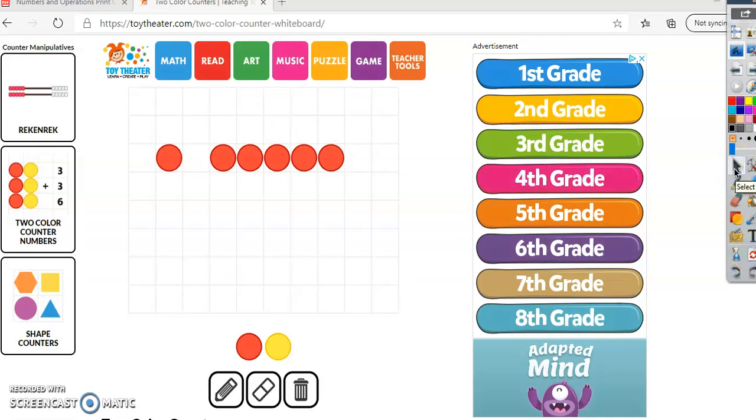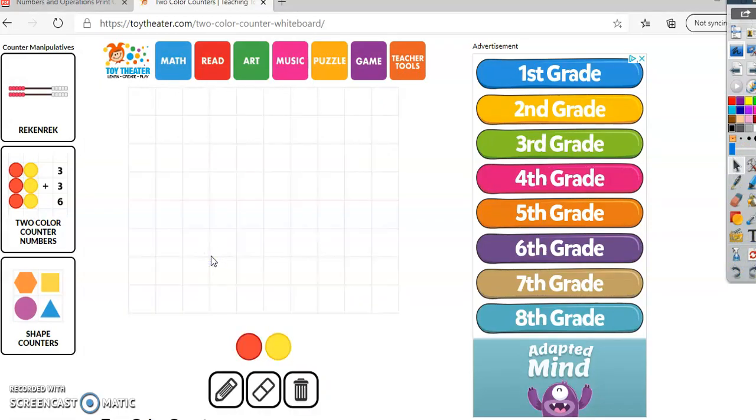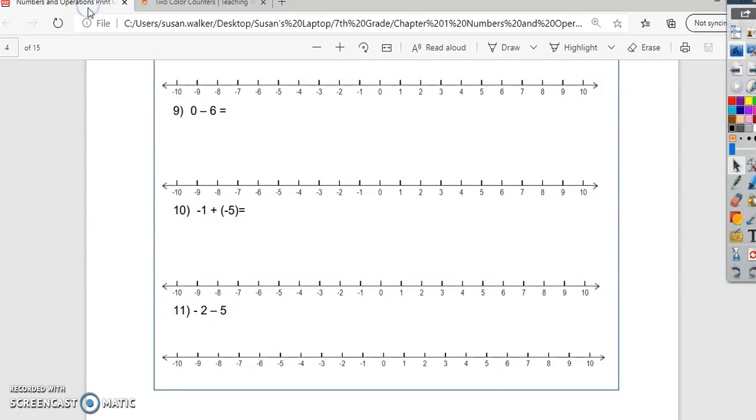So I'm going to restart. Okay? And my last question. Again, this is one that is generally missed a lot. Negative 2 minus 5. This type of problem. It looks easy, small numbers, but it still generally is difficult.